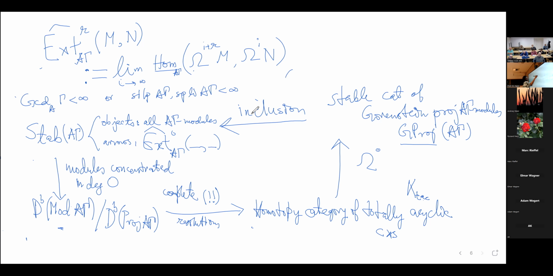Now I'm including the assumption that the global dimension of A is finite. Then I get an equivalence of triangulated categories.